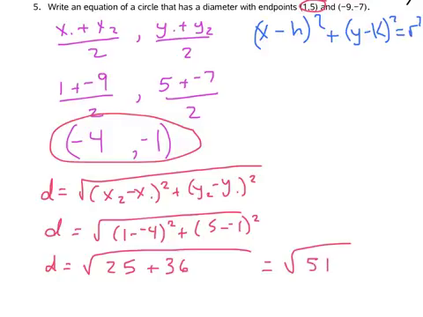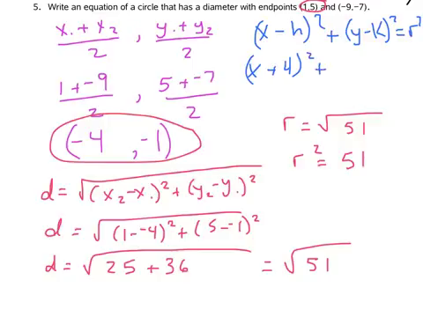So the distance between the center and a point on the circle would be the radius, which is the square root of 61. So the radius squared is 61. So for my equation of my circle, I have x plus 4 squared plus y plus 1 squared equals 61.